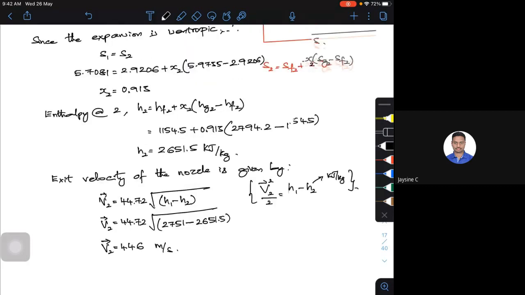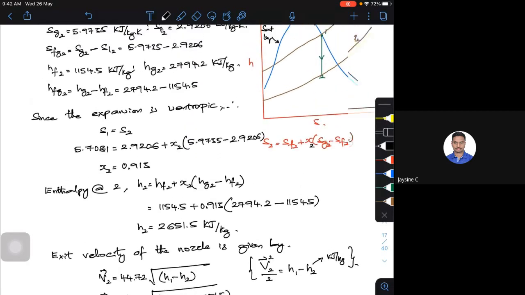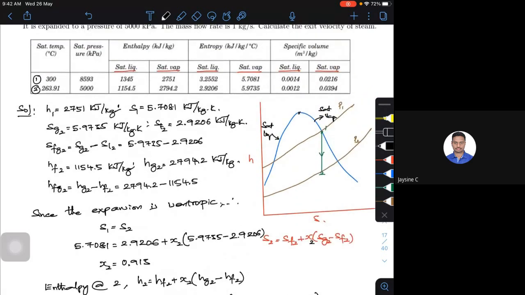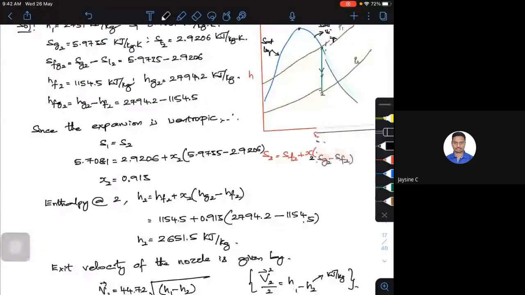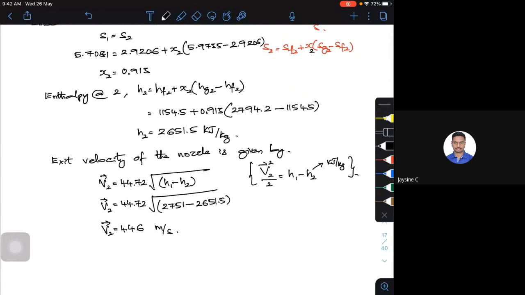Okay, fine. I want you people to try the same problem. Did we consider the mass flow rate here? Since it is 1, no, sir. Yes. Now what will happen if I increase the mass flow rate? Will the exit velocity increase or decrease?